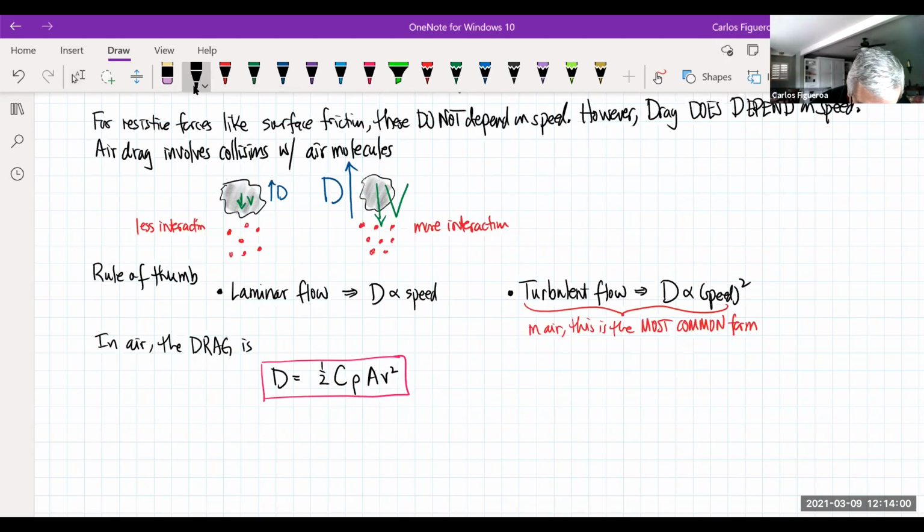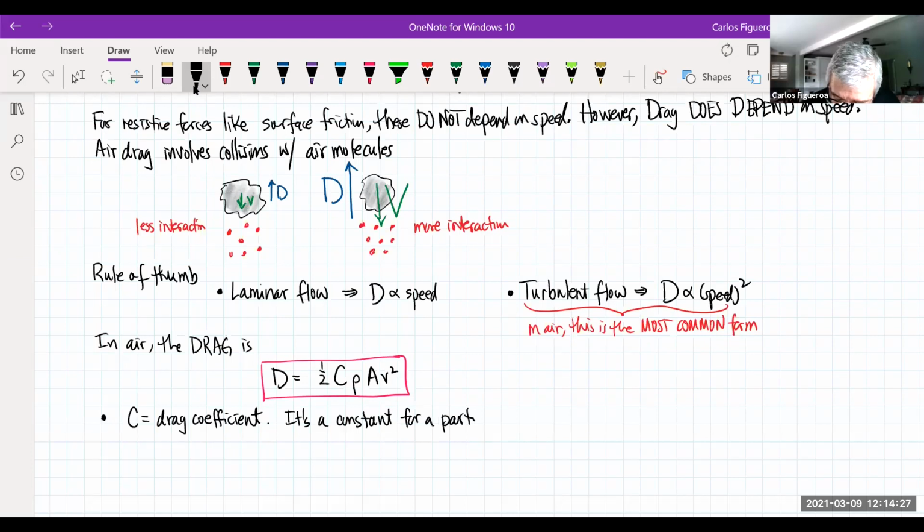The first parameter that we should look at is C, which is known as the drag coefficient. The drag coefficient is a constant for a particular shape of an object.